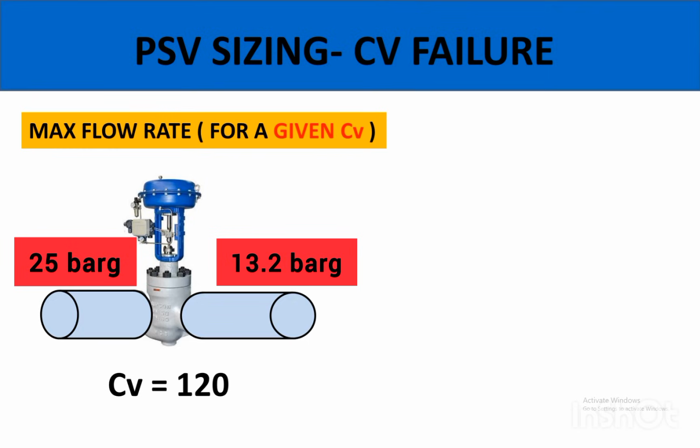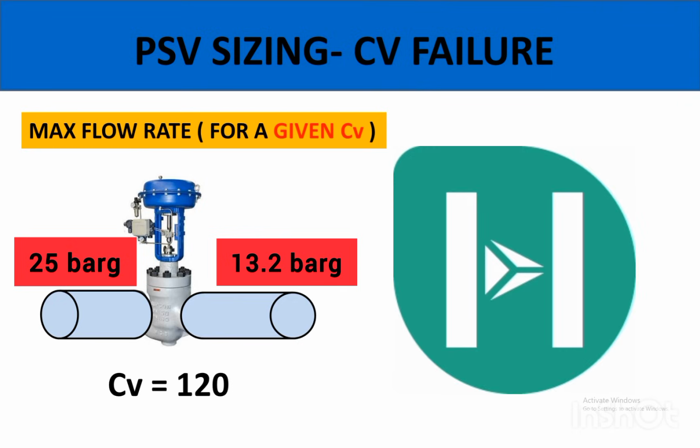And by knowing its upstream pressure and its downstream pressure, I want to discuss how to find the maximum flow rate that this valve can handle when it fails open in the next video in HYSYS dynamic mode.